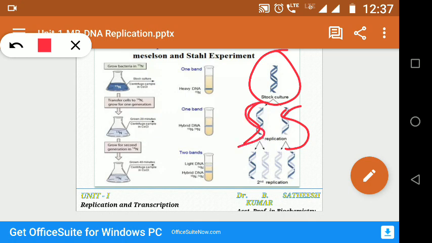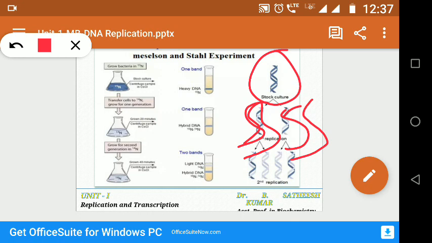So now this single strand acts as template. On the template, a new strand will be synthesized, making it a double strand. So here also a new strand will be synthesized. So semi-conservative model means each old strand acts as template around which a new strand will be synthesized. So the old strand is guiding the synthesis of the new strand.